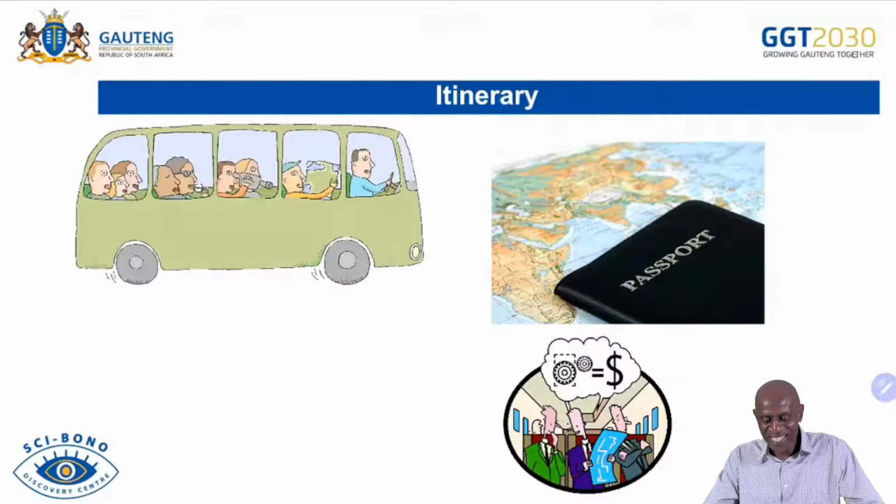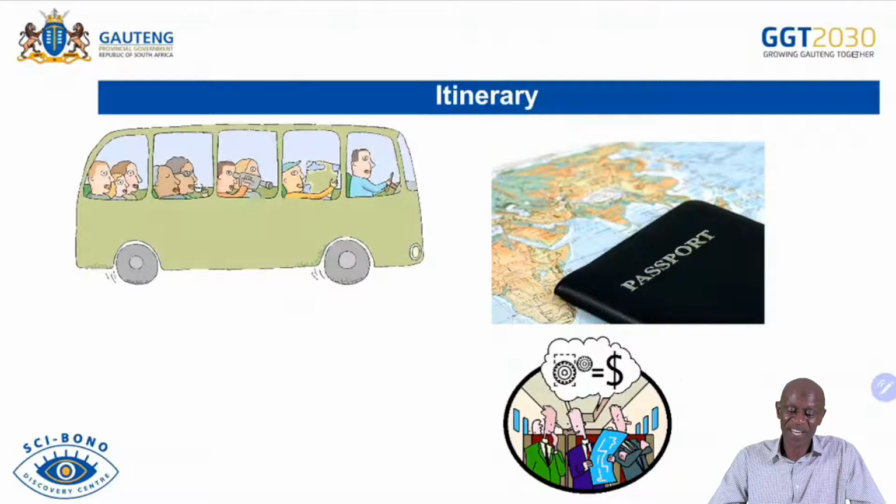The itinerary on this slide is a portrayal of some of the aspects that we've discussed, put into a plan that speaks to what is needed for us to develop an itinerary.